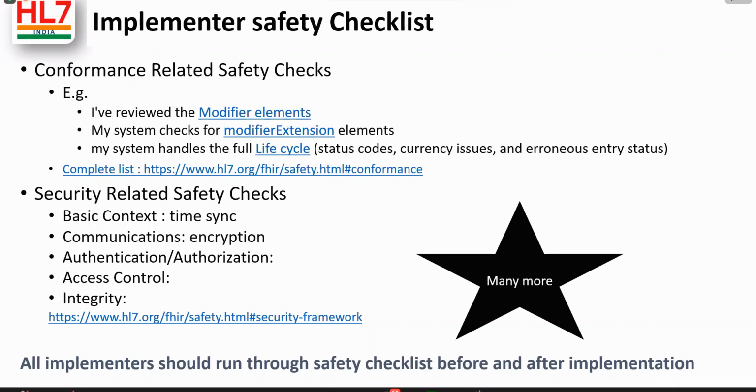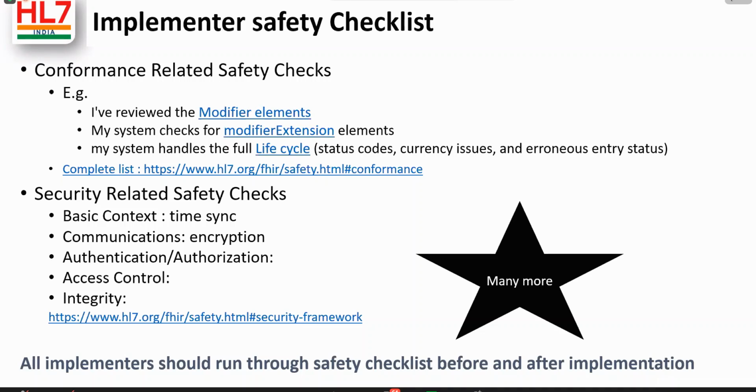Similarly, for security-related checks: are you doing encryption? Are you doing authentication and authorization? Are you implementing access control? What methods have you put in place to check for integrity? Are there audit logs? Is there a Provenance resource? And so many other things.